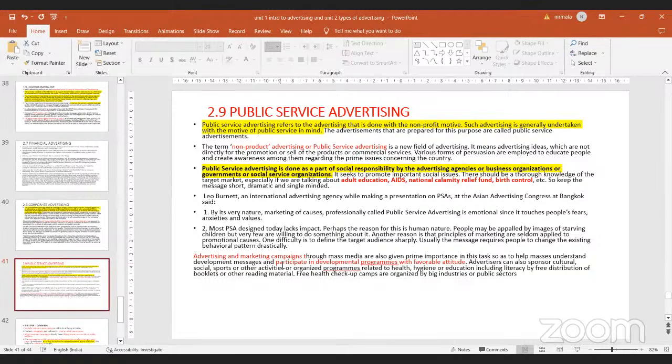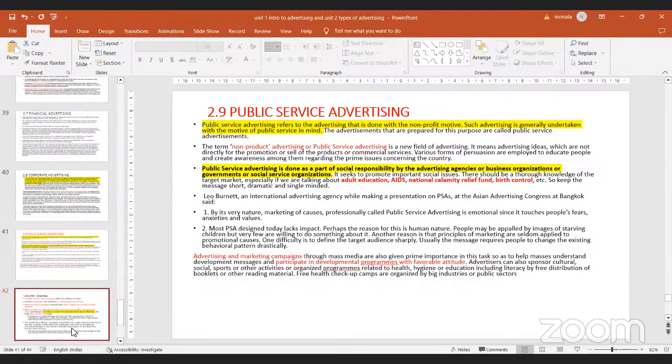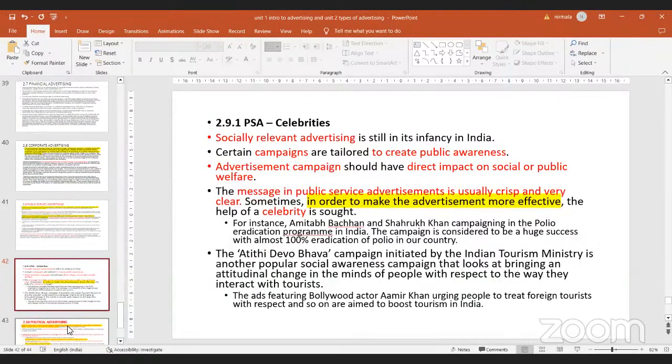So there are many things which can be a part of social advertising or public service advertising. And in public service advertising, celebrities also play an important role in endorsing products, or by communicating social messages among the members of society.